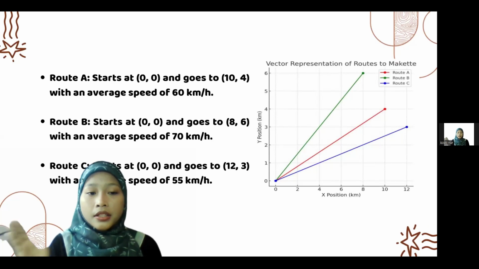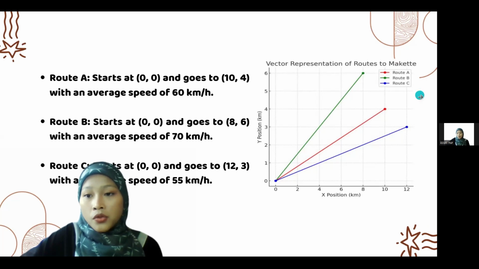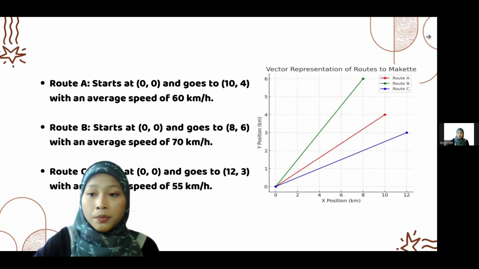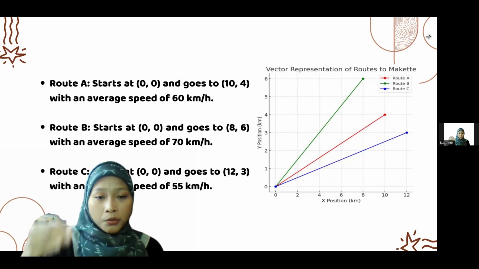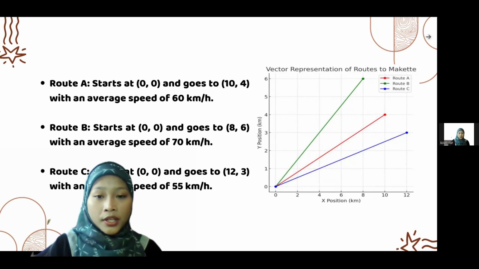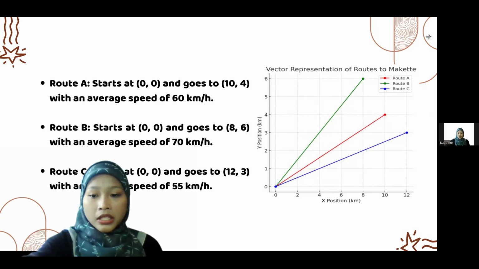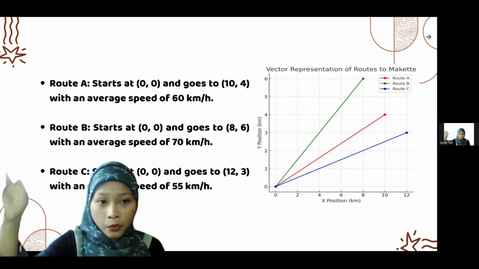So, these are the routes that are given: route A, route B, and also route C. For route A, which is represented by the red line, it starts at coordinate 0, 0, which is the coordinate for Mushrif's house, and it goes to coordinate 10, 4, which is 10 kilometers to the right and 4 kilometers upward.